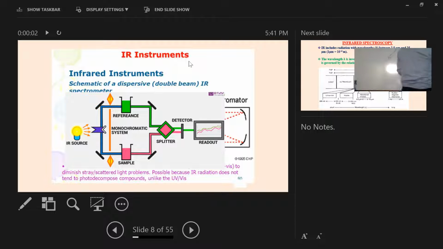If we have a mirror here that can separate the light just 50-50, that is a half mirror. So something like this. We are just using an arrow, that means a 45-degree angle. 50% going this way, 50% going this way.